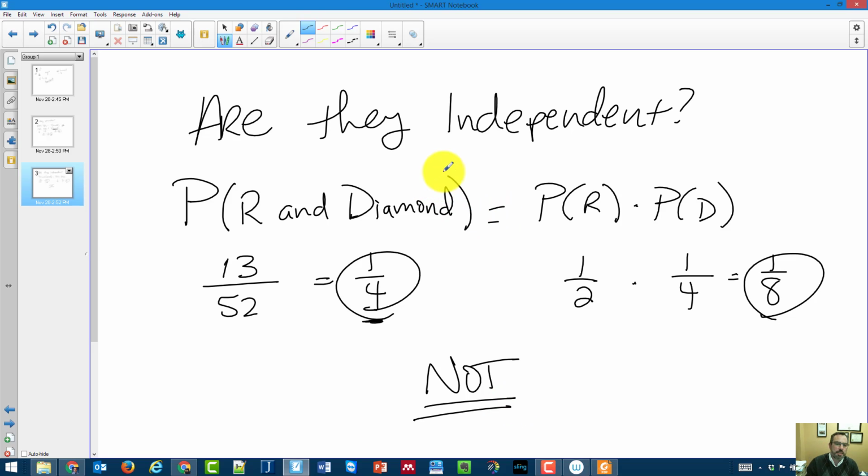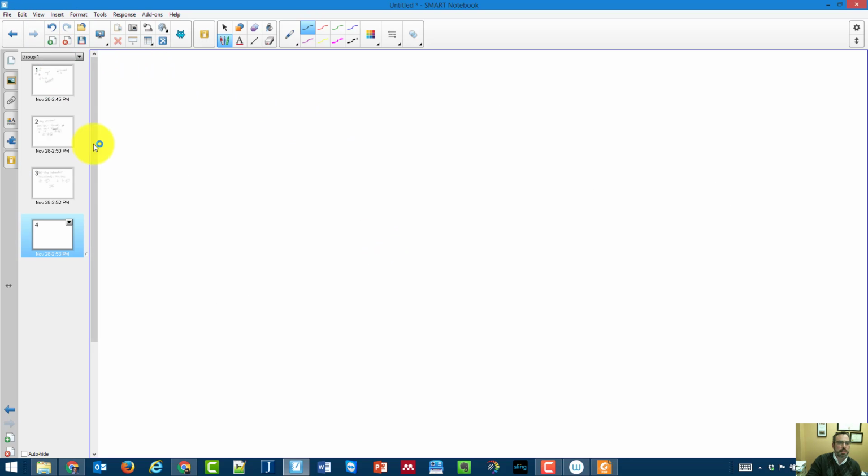Really, it probably makes sense. Being a diamond is dependent on you being a red card. You can't have a diamond without the red. So when we take a look at that, these are not independent events. One of the things that we looked at then was, how do you find the probability of something occurring given that something else happens?